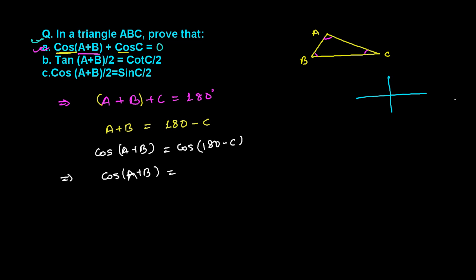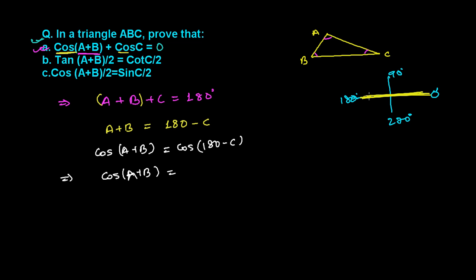This is the 0 degree line, this is the 90 degree line, this is 180 degrees, and this is 270 degrees. What we learned is that in this region there is no change, I mean, we are talking here about cosine.